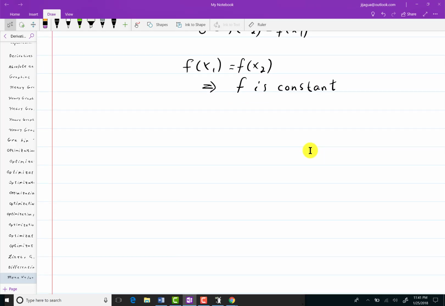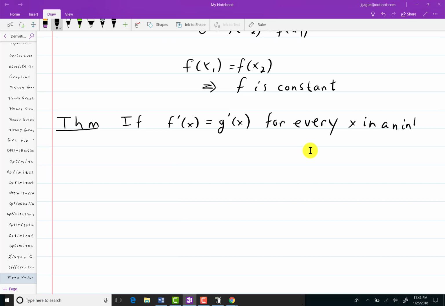Let me close out the theory with one last theorem. If f prime of x equals g prime of x for every x in an interval I, then f of x minus g of x is a constant.